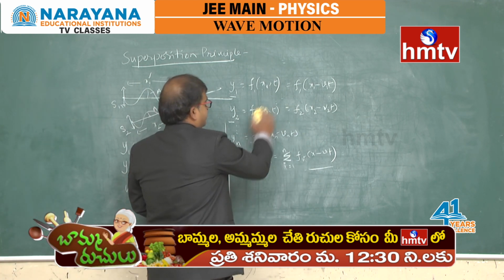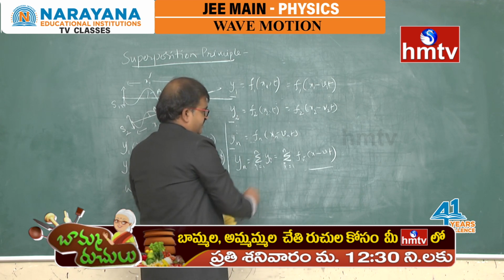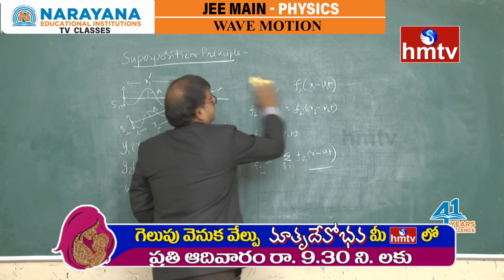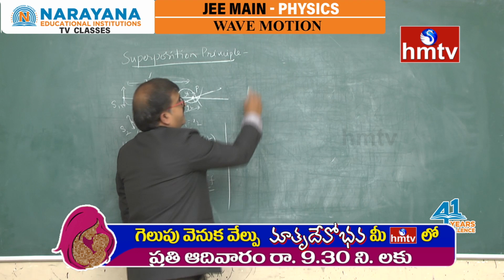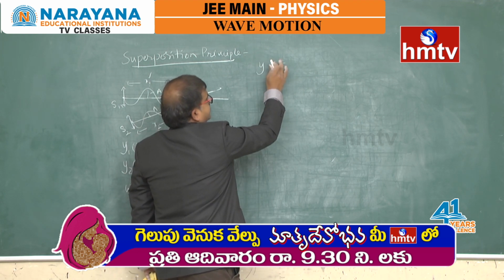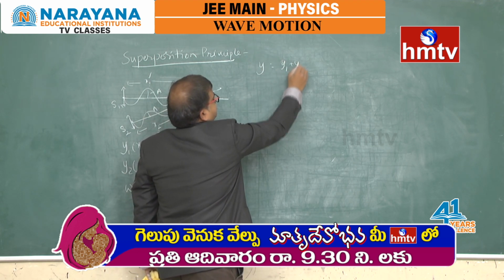So how do we implement this sum? In the case of two waves, the principle of superposition states that y is simply y1 plus y2.